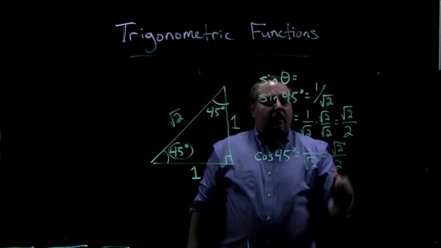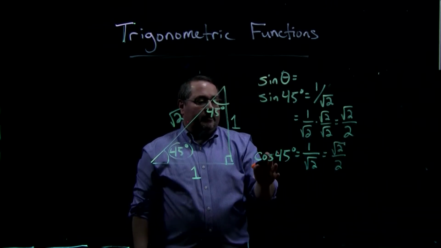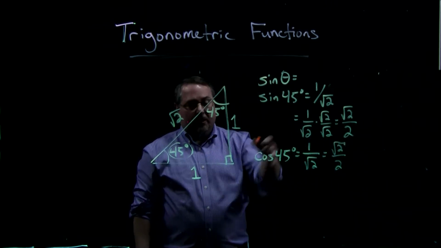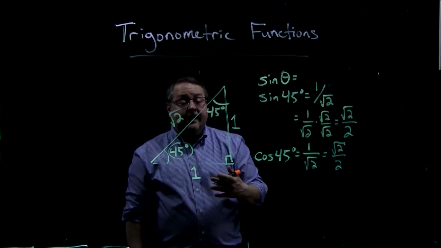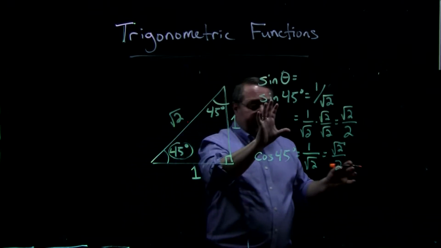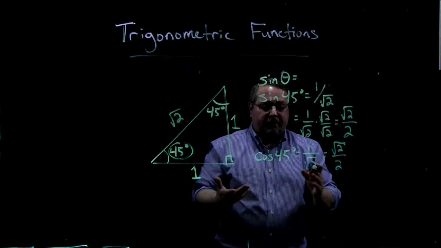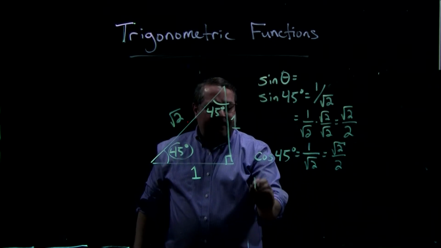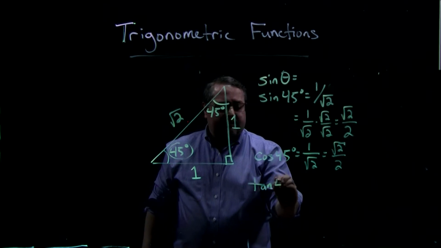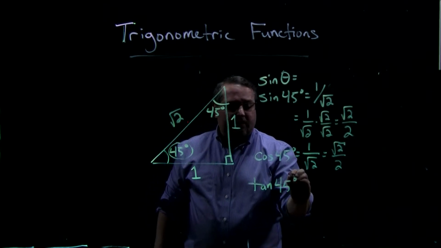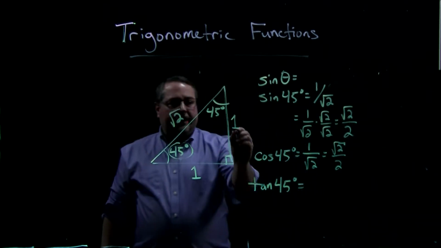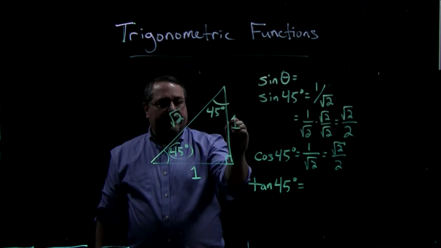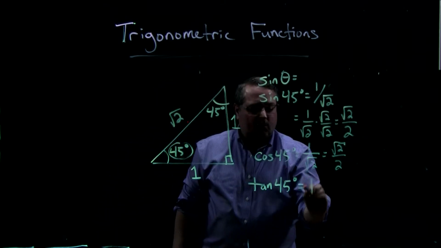And again, whether or not you rationalize the denominator, turn it into a 2, or keep it at square root of 2, that is a completely aesthetic choice. But my preference is to keep the square root in the denominator just because it's fewer steps. Okay, and then finally the tangent of 45 degrees is going to be the opposite over the adjacent is 1 over 1, which is 1.